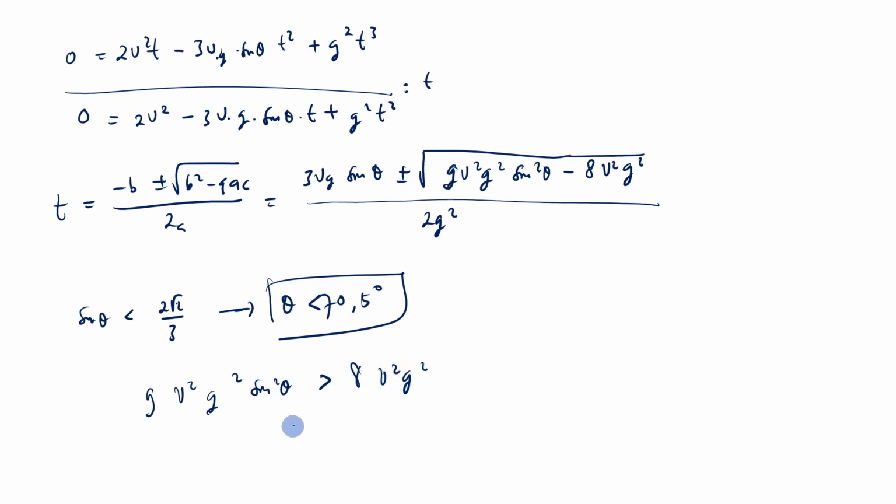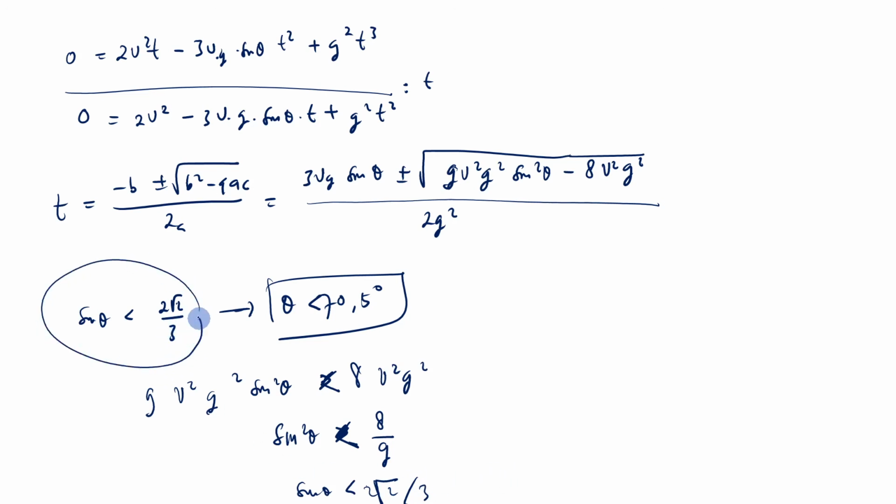We can simplify this term and we get sin theta squared is bigger than... Oh, sorry, this is not bigger than, it is less than. So this sin theta is less than 2 square root of 2 divided by 3. Okay, this is where the formula comes from.